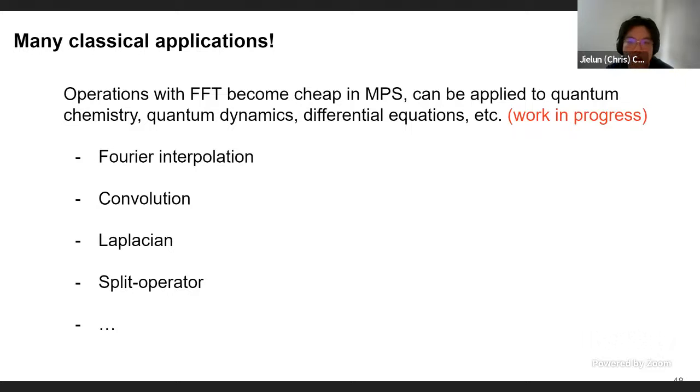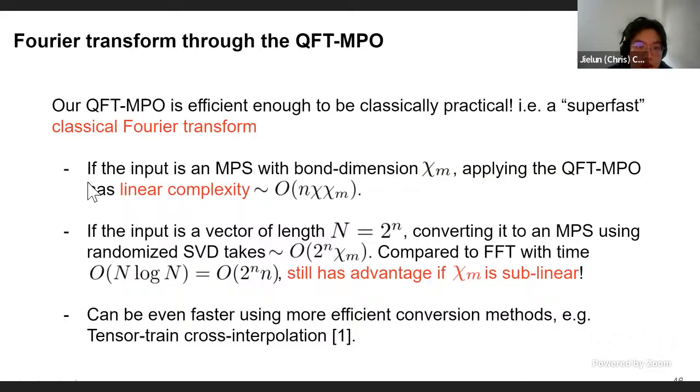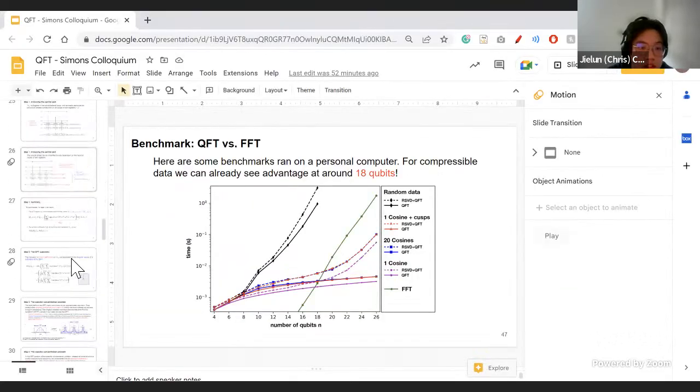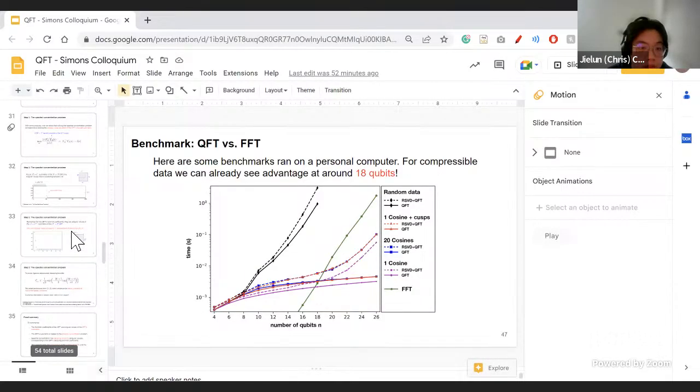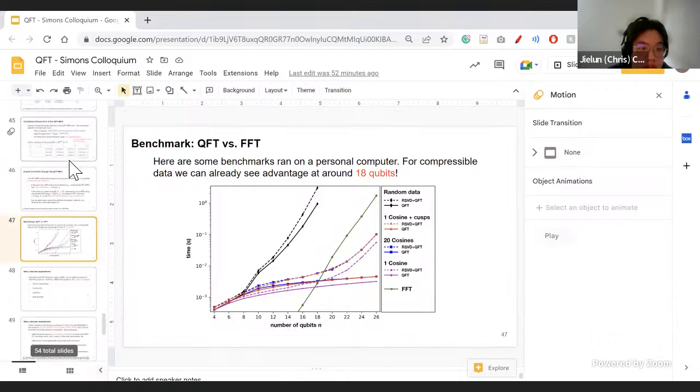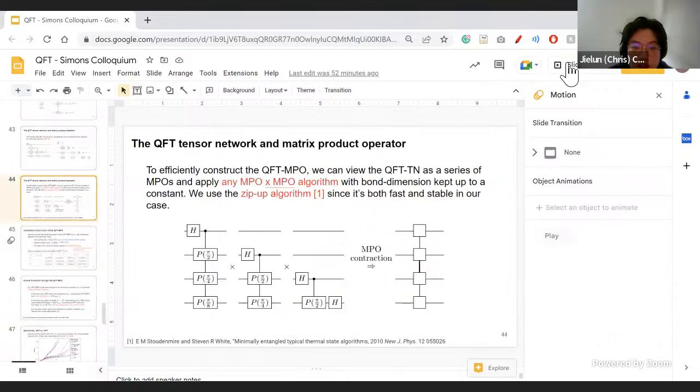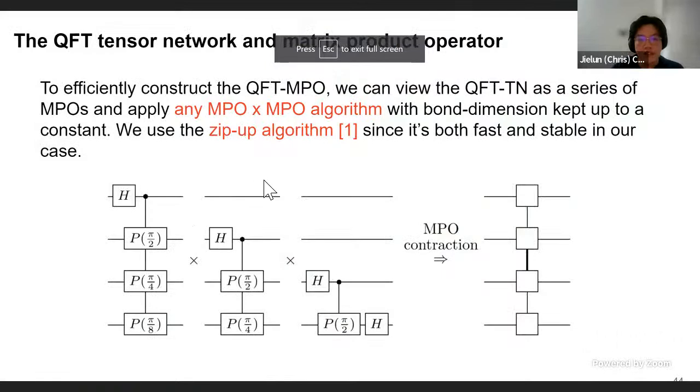So if we go back to, let's see, right, these slides here. What they are saying is that instead of converting this entire thing as a single MPO, I apply this MPO first on my state, and then this MPO on my state, and then this MPO on my state.